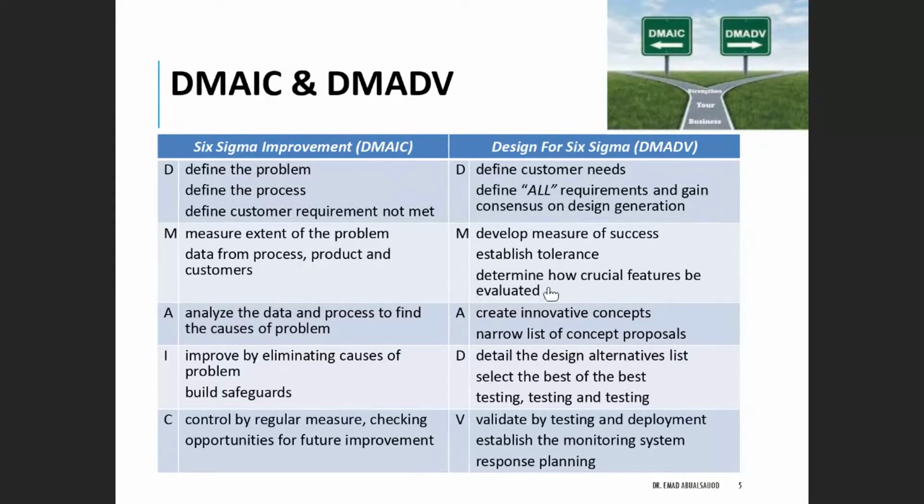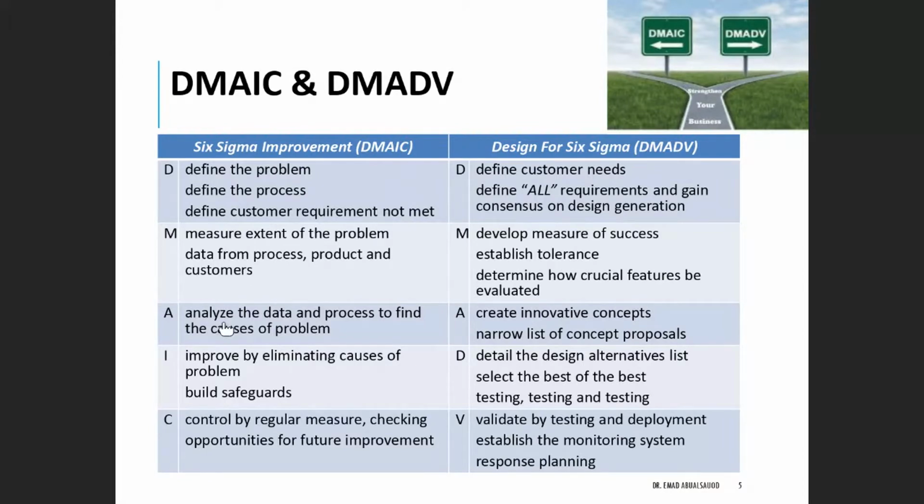Determine how crucial the features are to be evaluated, how important those features are. If you recall, in the measure, we identify the most common causes for the variation. Here, you identify the most important features that could be a cause for variation if you start the production or the service.